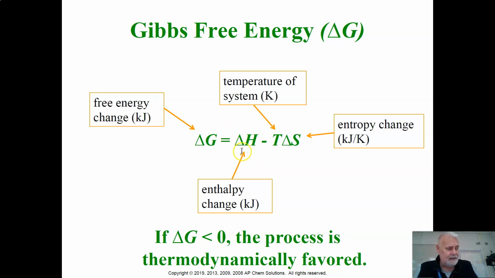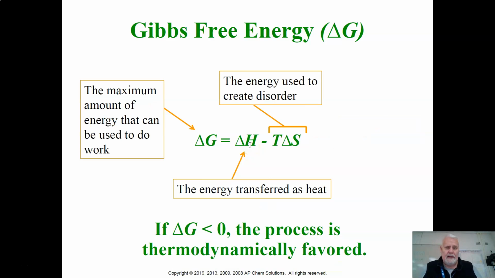Well, if you have that negative value in there, then you've got a big negative number here. It's going to make this number negative. Now, it could change when you take and multiply the entropy by the temperature. It is possible that an exothermic process could be non-thermodynamically favored if that number was big enough to counteract the delta H. So that's going to be really important.